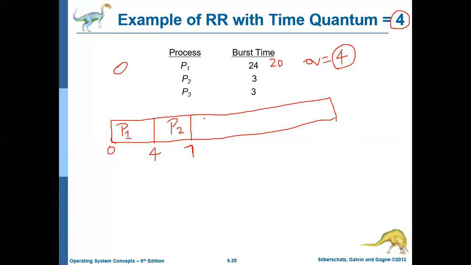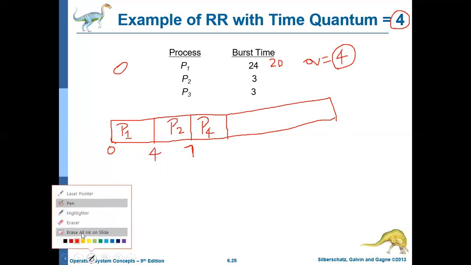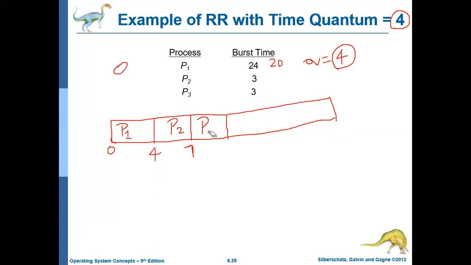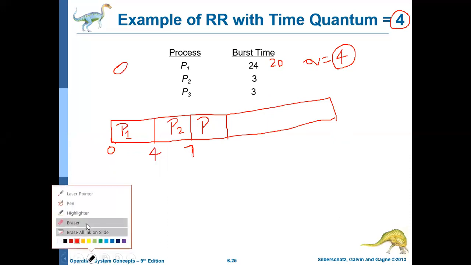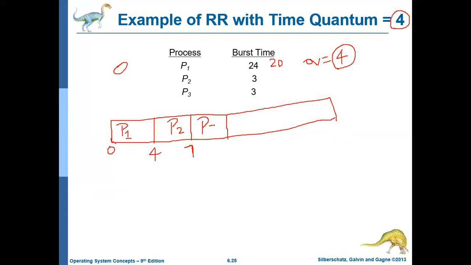The next process is P3, which is given one quantum of time, that is 4 milliseconds. P3 is allowed to execute for the next 4 milliseconds, but it needs only 3. So at the 10th millisecond, P3 will release the CPU.